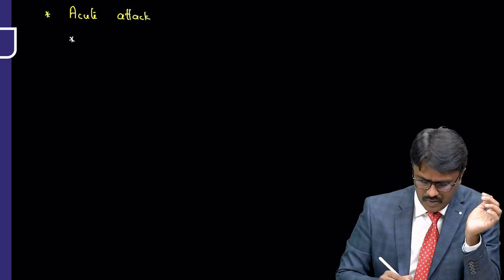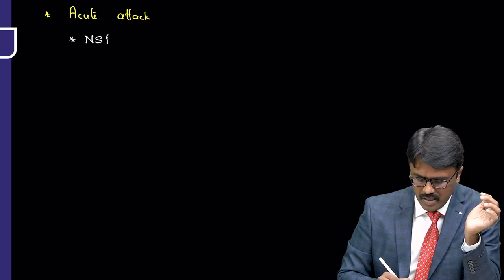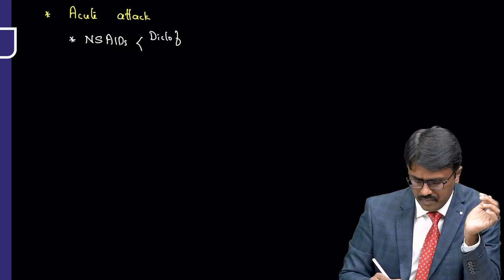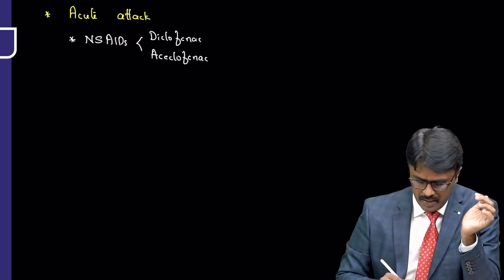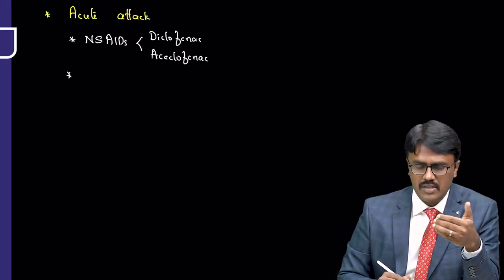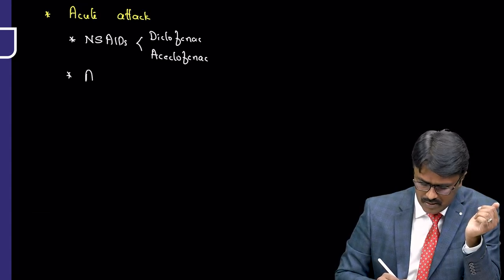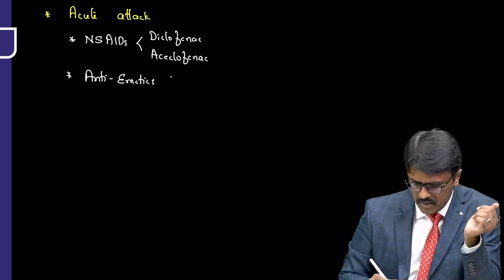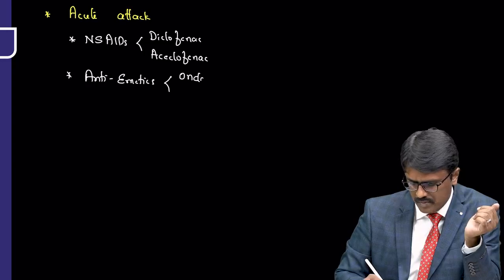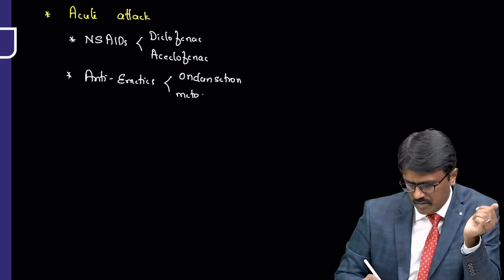Number 1, simple headaches can be managed with NSAIDs. For example, you can use diclofenac, or you can use aceclofenac. Many patients will have a vomiting sensation, nausea, so better to give antiemetics, such as ondansetron, metoclopramide, any of these can be given.